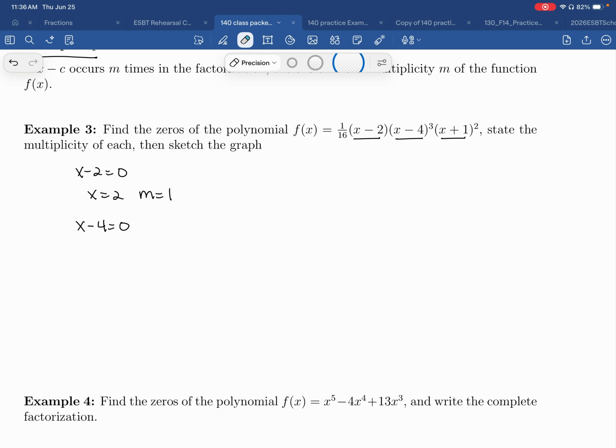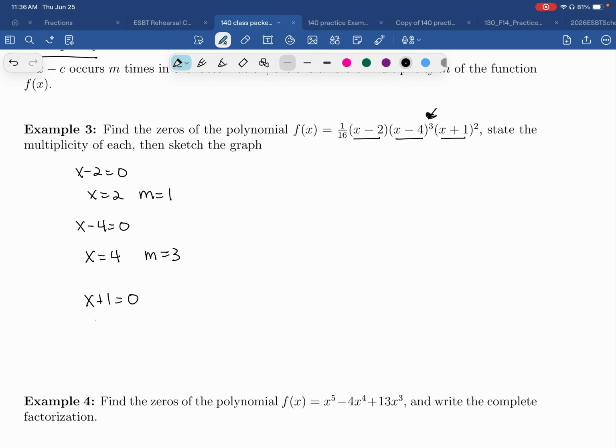Add your 4 to the other side. That's going to give you x equals 4. And this time, that 3 as its power tells us that it shows up 3 times, so its multiplicity is 3. And lastly, x plus 1, set that equal to 0. Subtract your 1 to the other side gives you a negative 1. And that power there is a 2. And so that means it shows up twice. And so its multiplicity is 2.